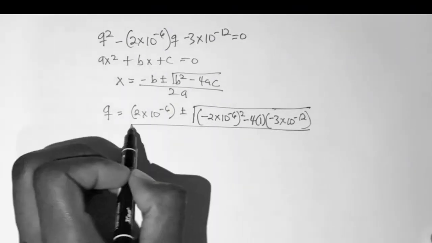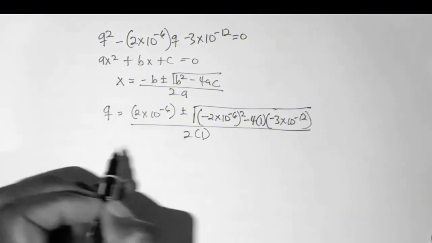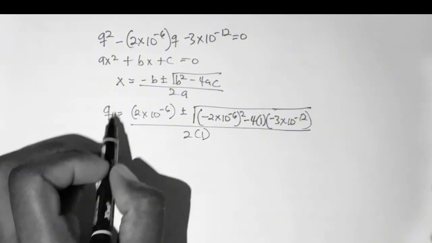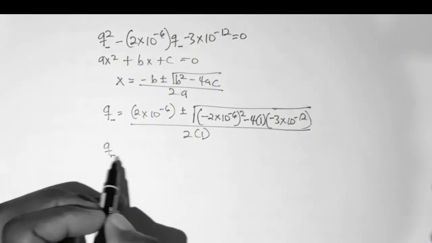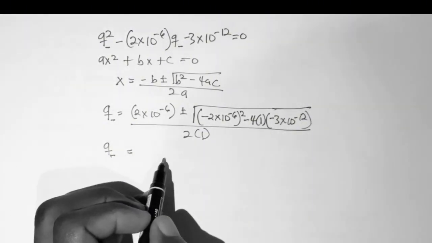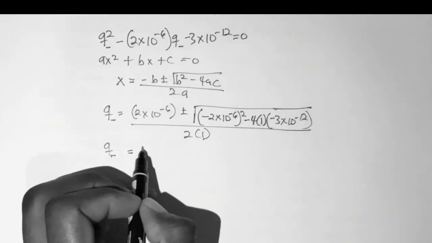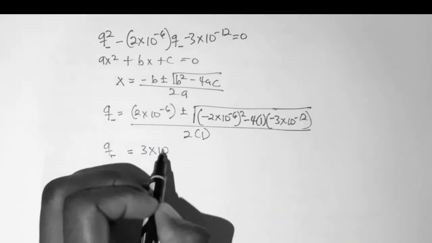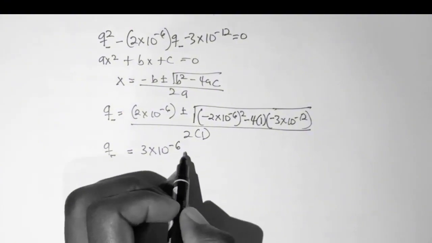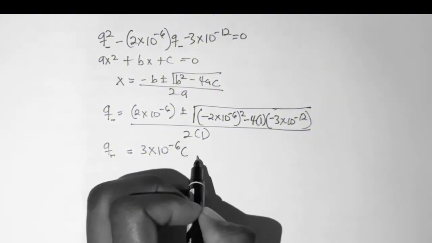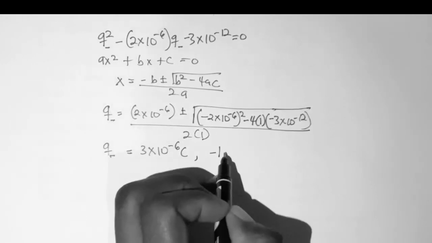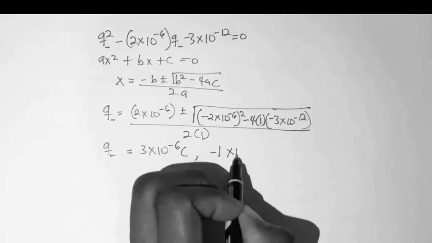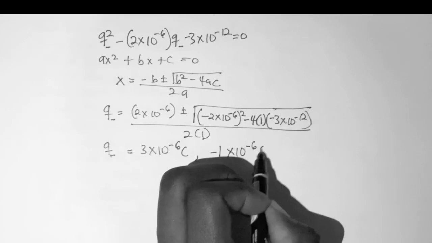All of this divided by 2 times 1. And if you do it, you find out that Q minus is equal to 2 values, which is 3 times 10 exponent minus 6 coulombs, or minus 1 times 10 exponent minus 6 coulombs.